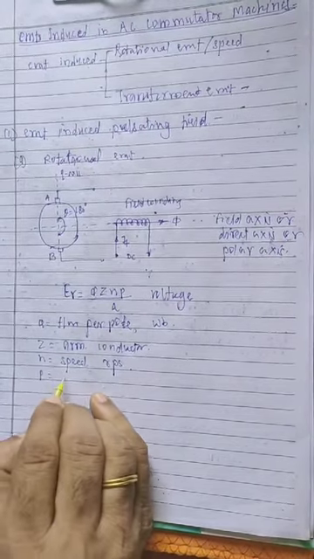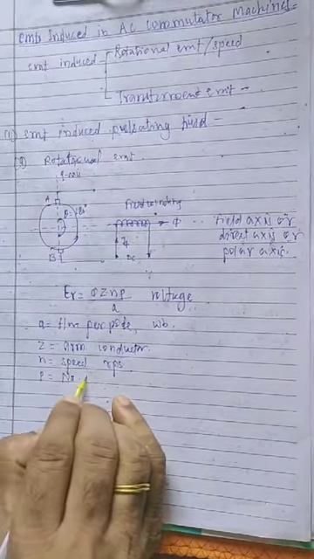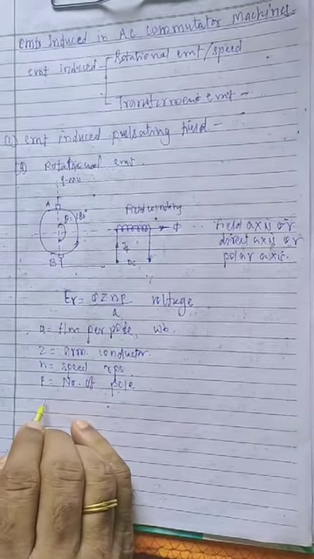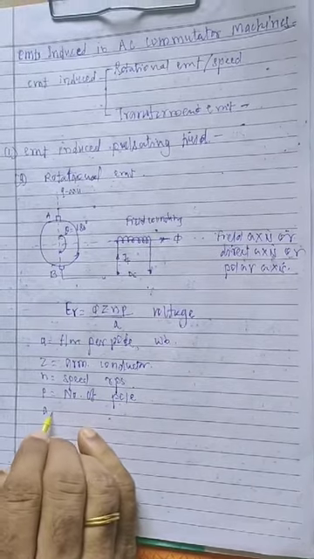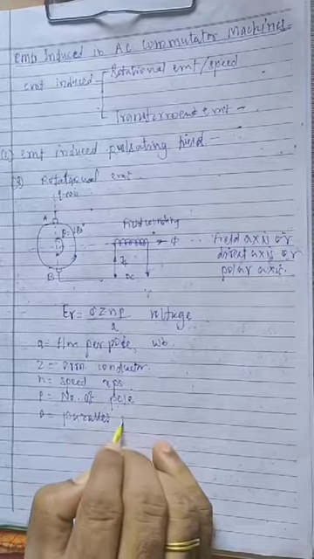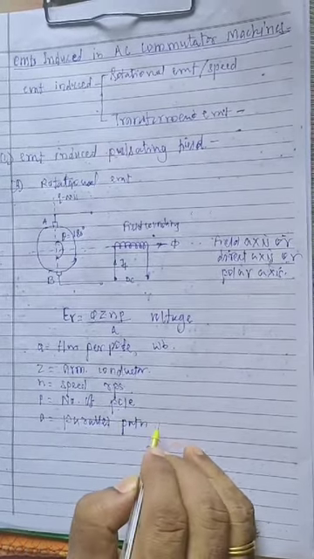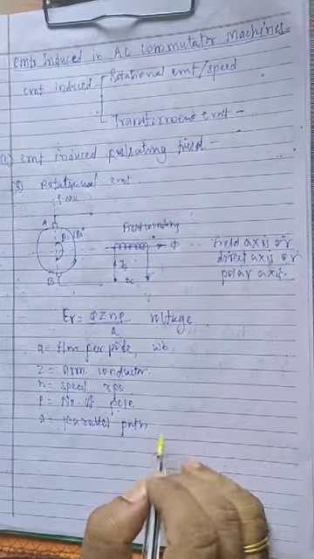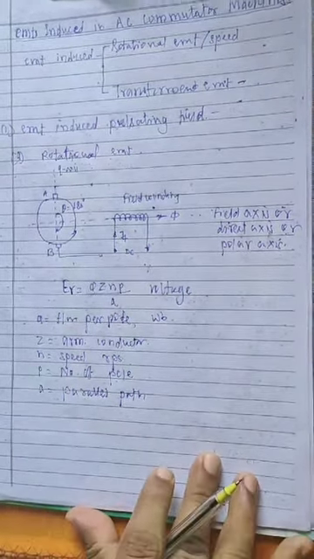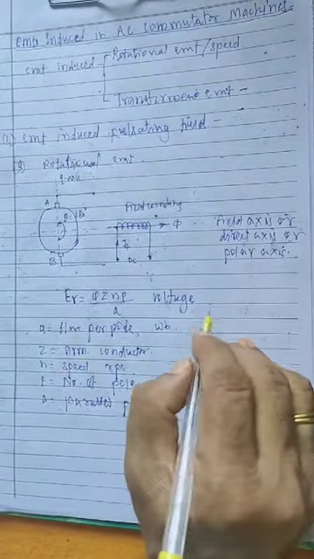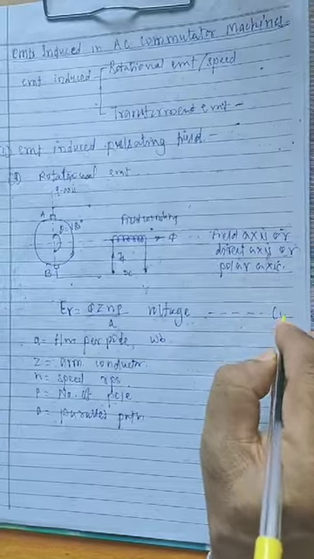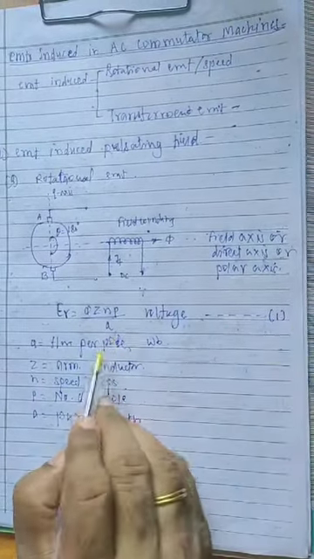P, capital P, is the number of poles, and A is the number of parallel paths. A is 2 when the winding is wave, and A is equal to P when the winding is lap connected. So this is the EMF induced in the armature of a DC machine, phi Z N P upon A.